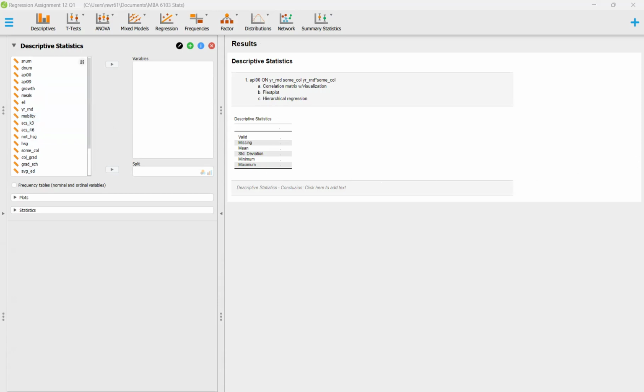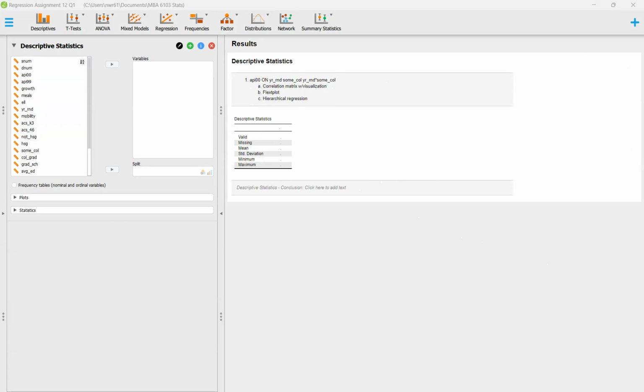For question one, we should be looking at API 00, year round, some call, year round times some call. I'm gonna actually define the variables real quick. So API 00 is the API score for the year 2000.